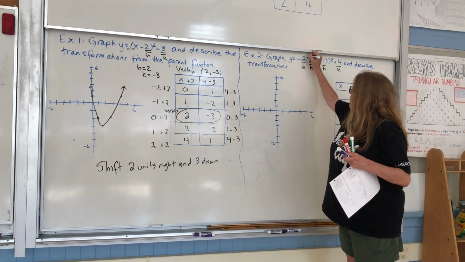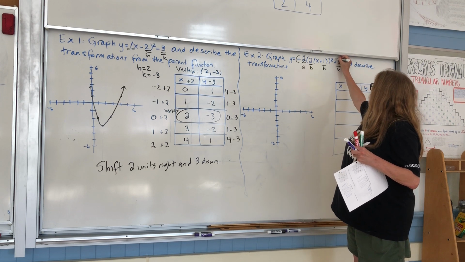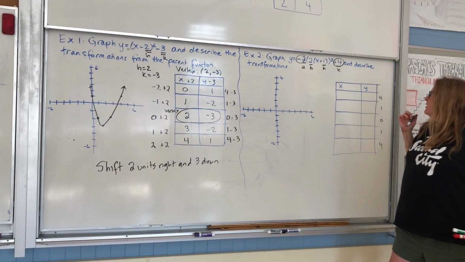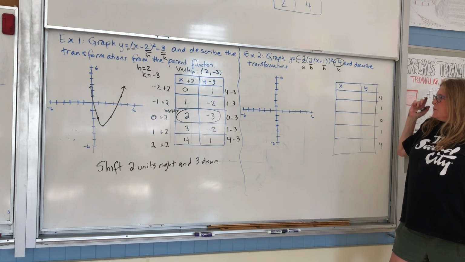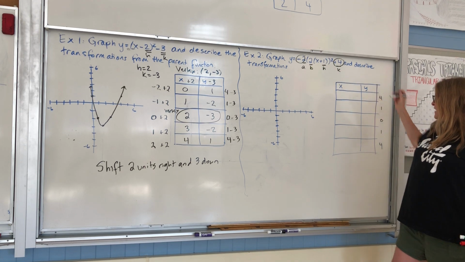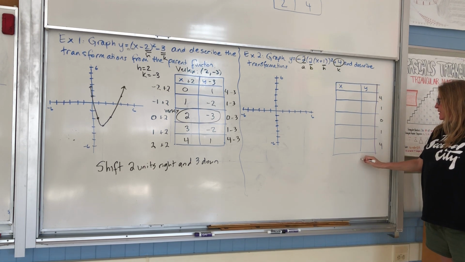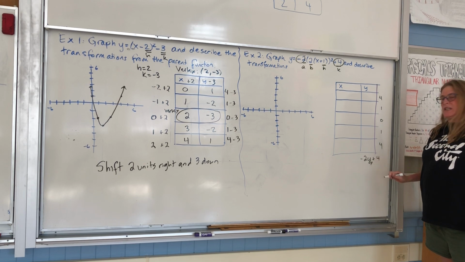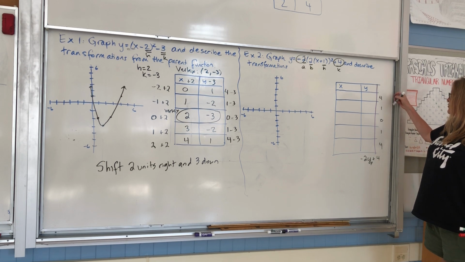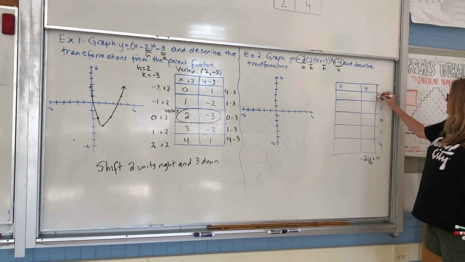Well, A affects the Y, and K affects the Y. So if I had to describe in words what I'm going to be doing to the Y parent values, I'm going to be multiplying them by -2 and then adding 4. So watch what I'm going to do here. -2y plus 4. And I'm going to put a little p down there that means parent. So that means I'm going to take all my parent values, multiply them by -2, and add 4.